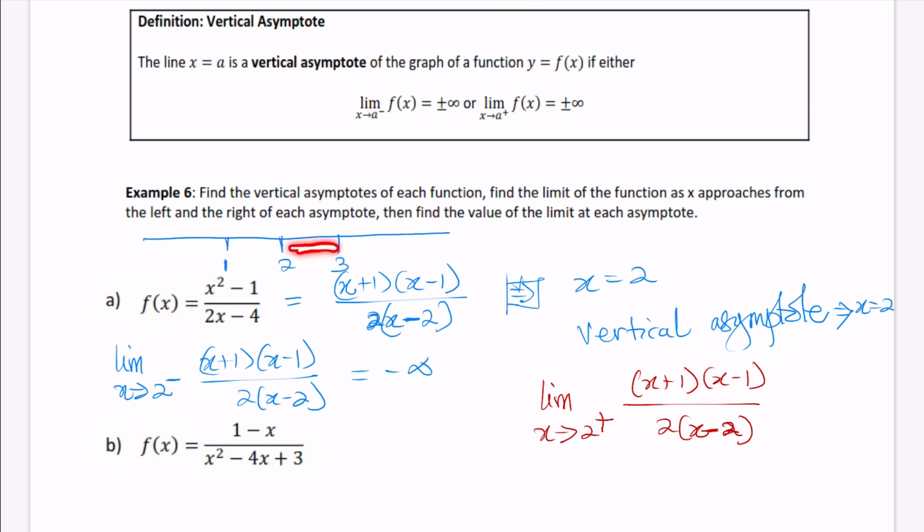I'm going to the number line, and I'm picking a number on the right of 2, which is 2.1. If I substitute 2.1 in place of x, this will give me positive, this will give me positive, and this will give me positive. So clearly, this is going to positive infinity.